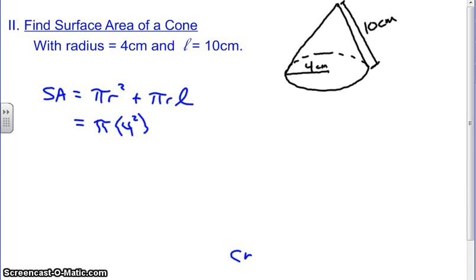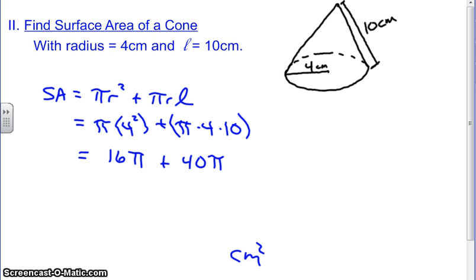So we'll just make a note down here, centimeters squared, so that we have fewer letters in our equation. 4 times 10. Okay, so she's substituted all the correct values there. And we simply need to know 4 squared. 4 squared is? 16. Good, we've got 16 pi here, plus, what is 4 times 10? 40 pi.